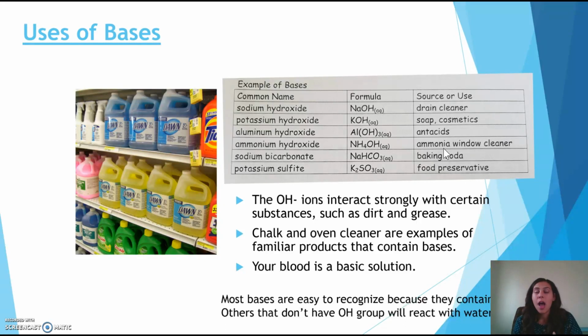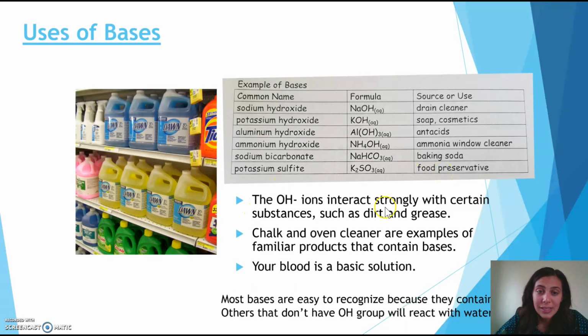It's full of all of this acidic material, and if you eat something that overproduces this acid, then you're going to get really bad burning going up your esophagus. So sometimes antacids will help with that. And then we have ammonium hydroxide, and this is like Windex. You've got sodium bicarbonate, baking soda used in foods, potassium sulfate, which is a food preservative.